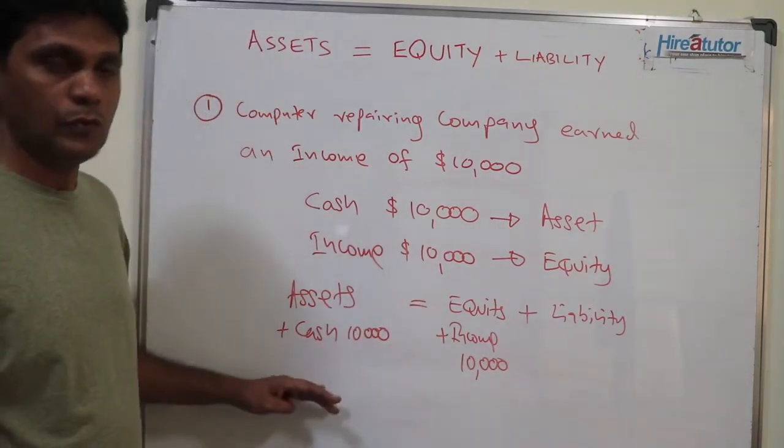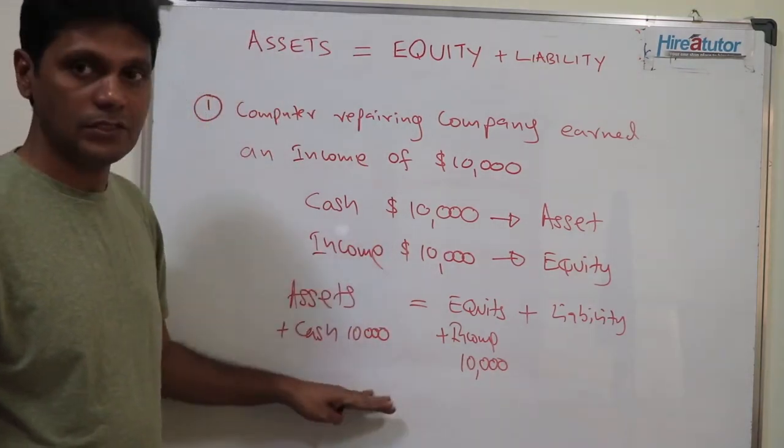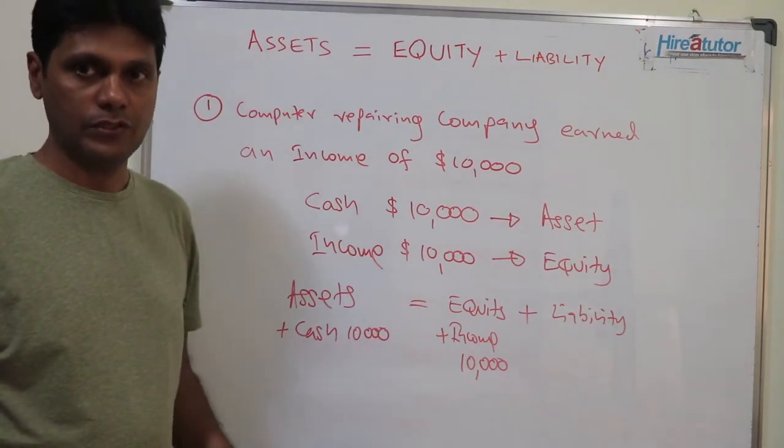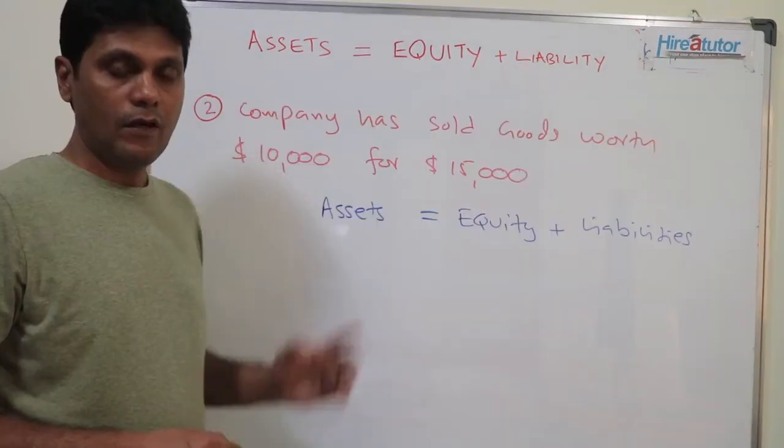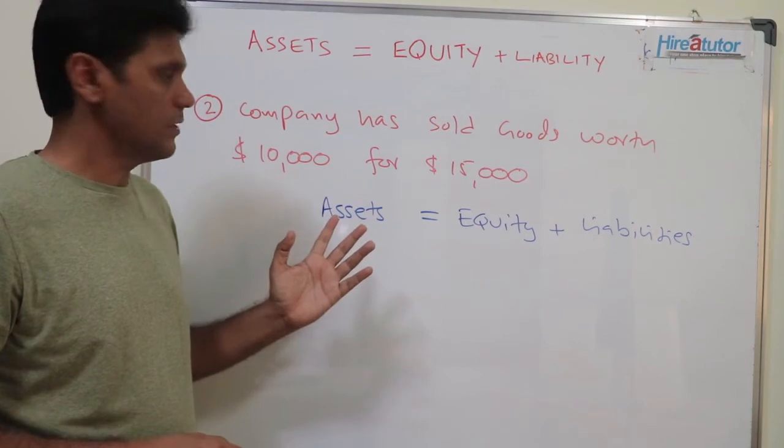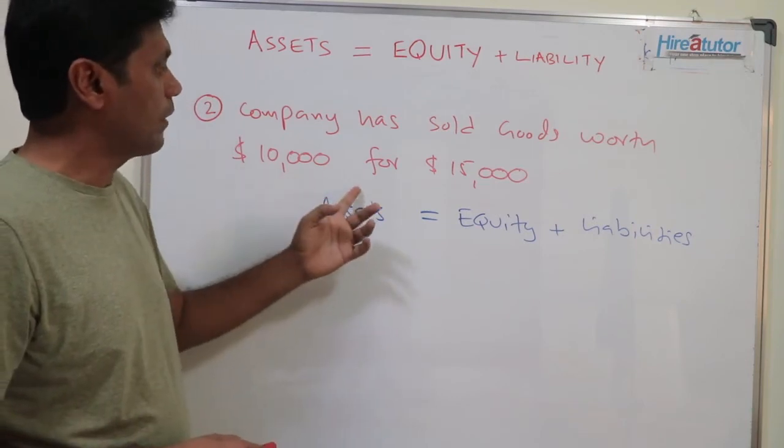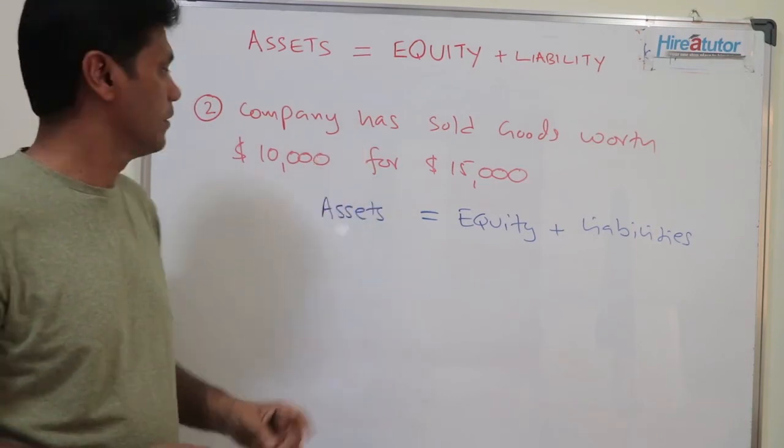So this is how you record this particular transaction in the accounting equation. Now let's move on to the second transaction and we'll see how we can record this in the accounting equation.